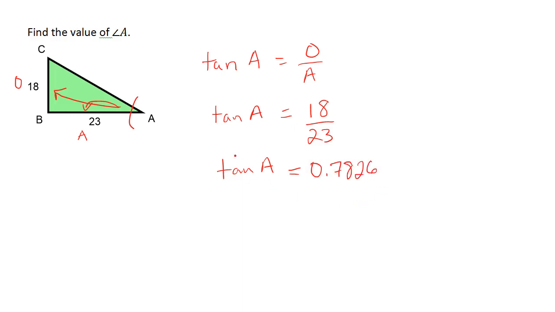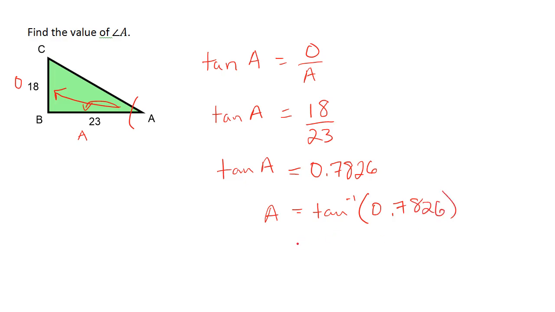Okay. So we know that if we were to hit tan of some angle, our answer would be this decimal number. So how do we actually figure out what the angle is? Well, we're going to go tan -1 of that number, just like we did with the sine and cosine to figure out an angle.